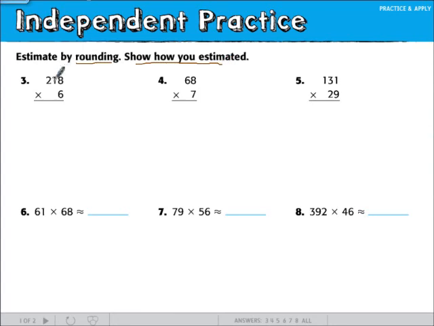That means we need to see it. So therefore it wouldn't be 220 times 6. It would be 200 times 6. Which also means over here, make sure you pay attention. Now that one has a tens place in the bottom, huh? So that's going to be a little bit different. Alright?